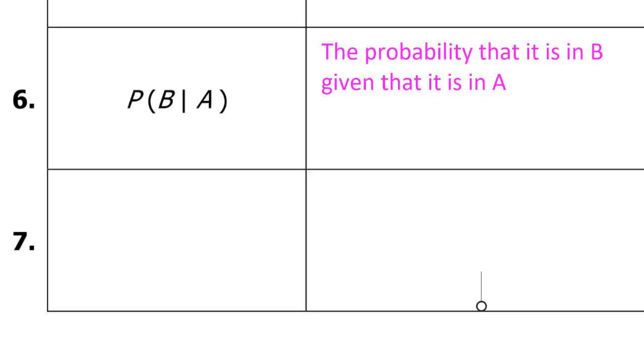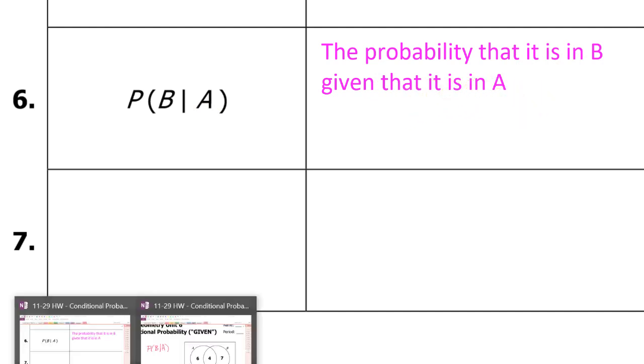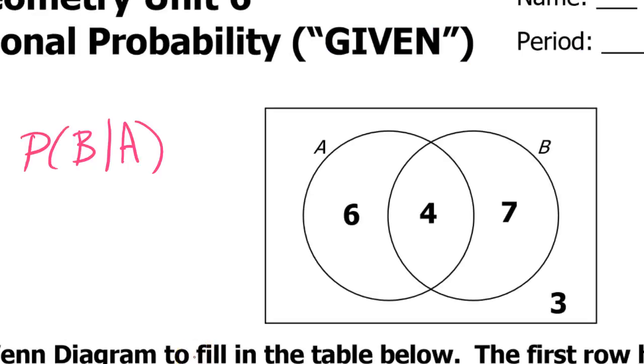For number 6, this notation would be read, the probability of B given A. That means the probability that it is in B given that it is in A. Okay, so again, I encourage you to focus on the given part first.